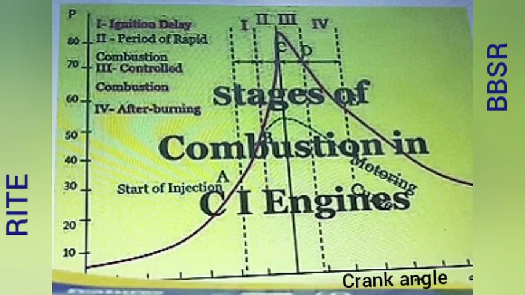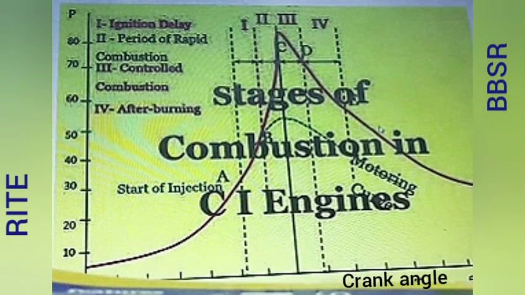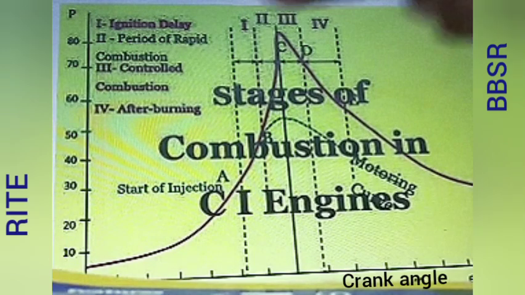The second stage is what we call your period of rapid or uncontrollable combustion. In this case, there is a significant rise in pressure. You can see that it is reaching a maximum value at C. It is represented by BC, and during this period the droplets have enough time to spread over the entire area and fresh air is always available.